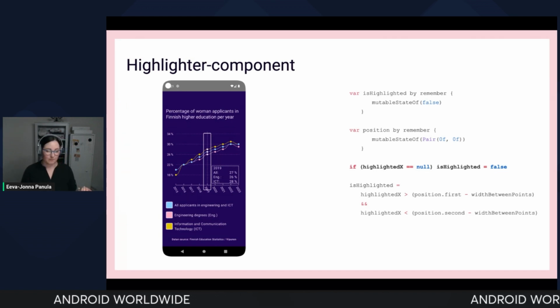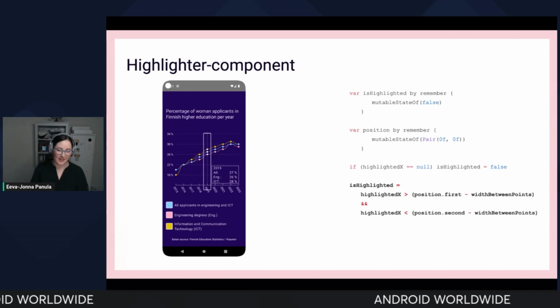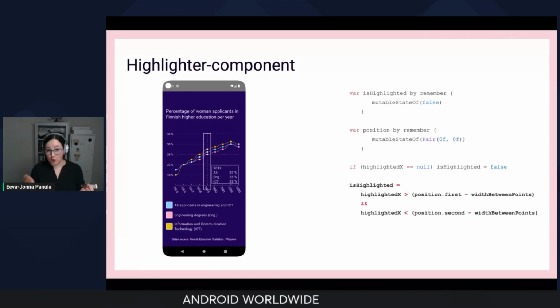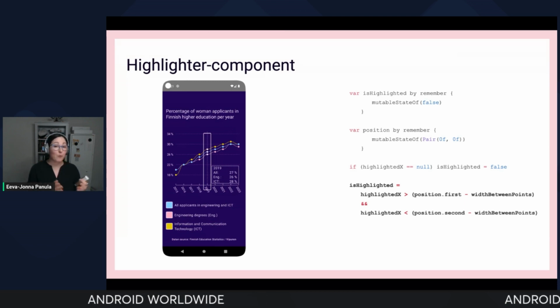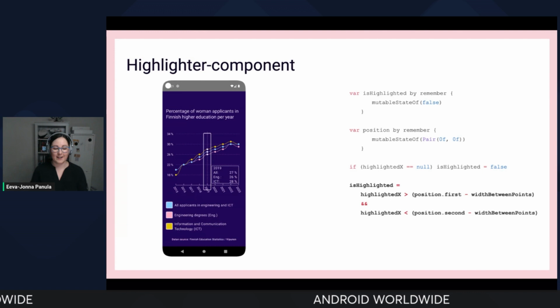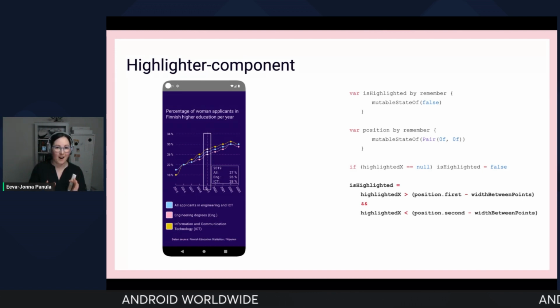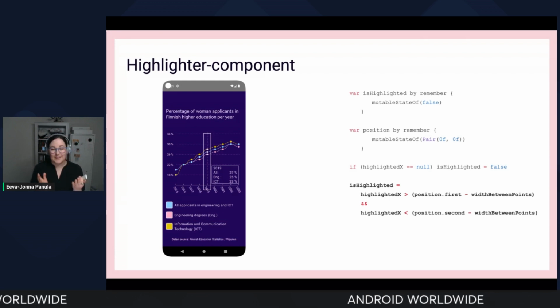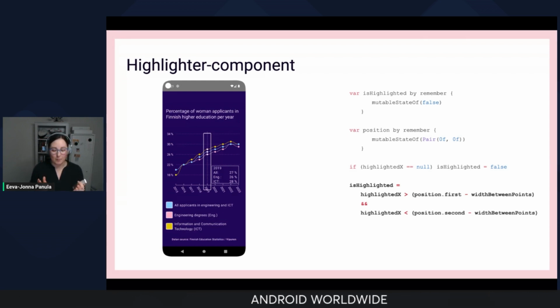And then one more check is that if highlighted X is not null, so one of the years is highlighted, then we are checking if the highlighted X is in the bounds of this year highlighter, basically this year highlighter component.